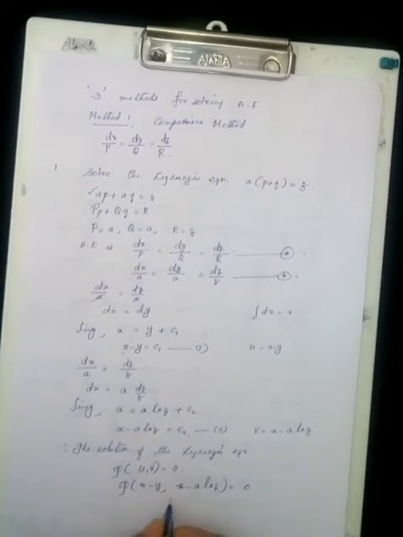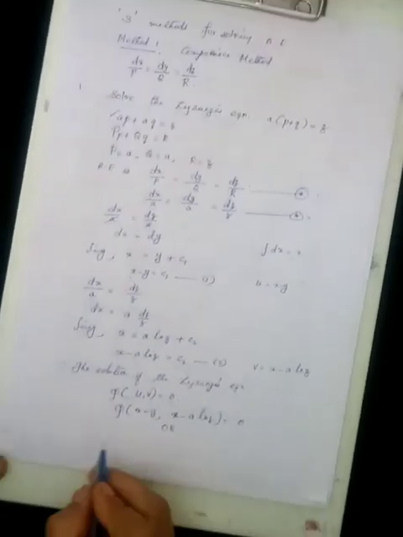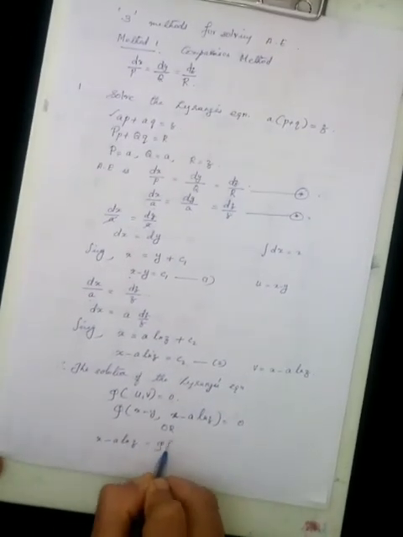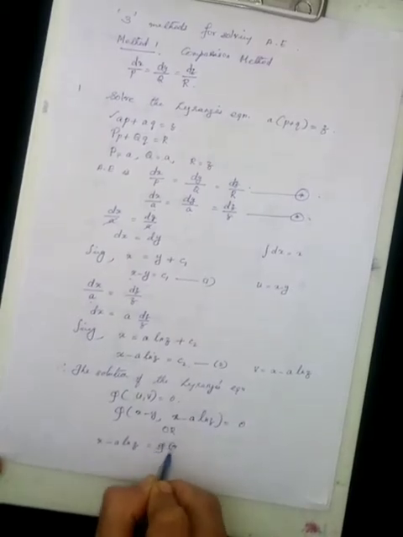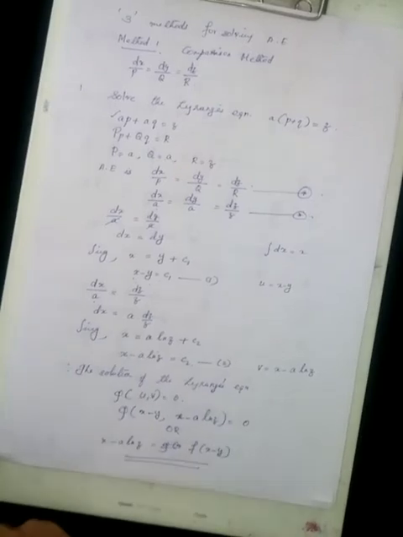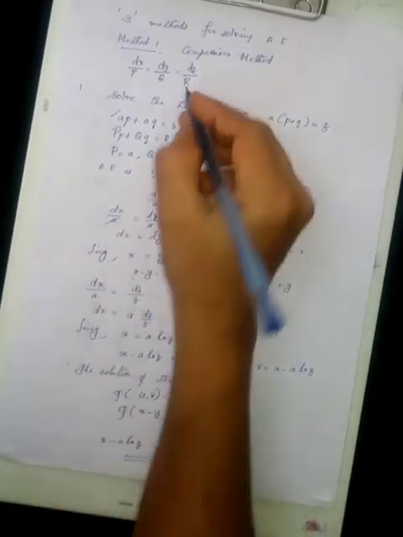The same solution can also be written as x minus a ln z equal to phi of x minus y, or in another notation, f of x minus y. So this is the solution. I hope that all can understand this method.